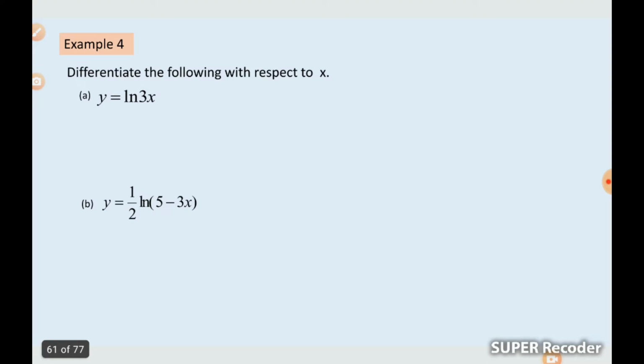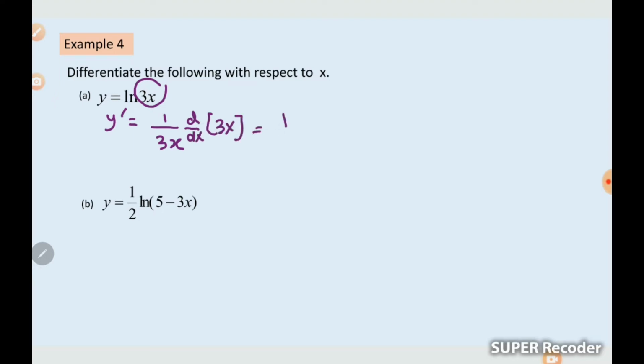A, y equals ln 3x. So y prime equals 1 over 3x. Then you need to differentiate 3x, and the answer is 3. So 3 is cancelled out, and the answer is 1 over x.